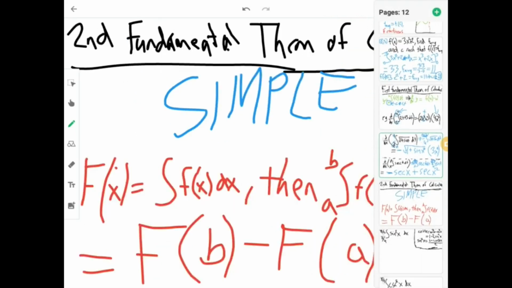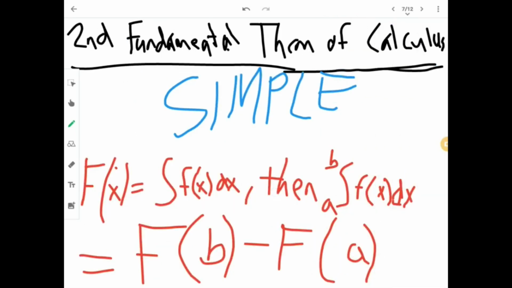Next one, the second fundamental theorem of calculus. This is basically very simple. It's what we did. It basically defines what a definite integral is. So if you have a function capital F of x, which is the integral of the small function f of x without any bounds, so you're going to have plus c, then the definite integral with bounds a and b of f of x is equal to capital F of b minus capital F of a.